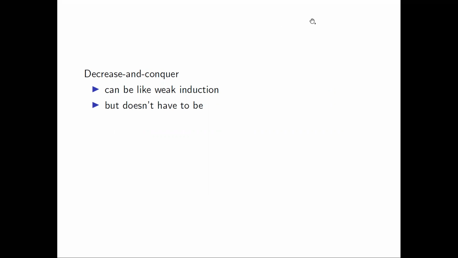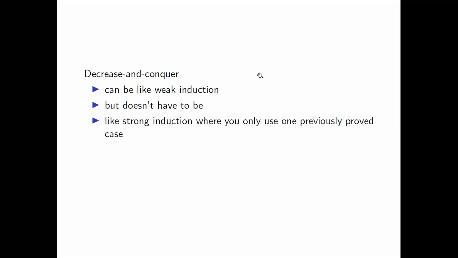The reason for that is because when we reduce a problem to a smaller subproblem, the smaller subproblem does not have to be the preceding subproblem. It could be one before that. So we can say that decrease and conquer is like a strong induction where you only use one of the previously proved cases, but it does not necessarily have to be the last previously proved case. It could be any of the previously proved cases, but just a single one.